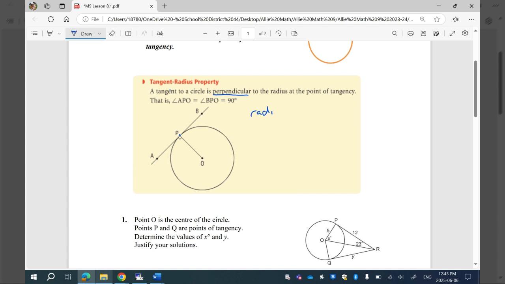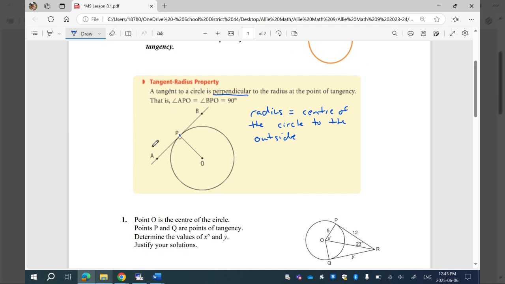Radius equals to the outside. I think most of you know that. Remember, the diameter is all the way across. And so from the radius to the point of tangency, or to our tangent, intersects at a 90-degree angle.